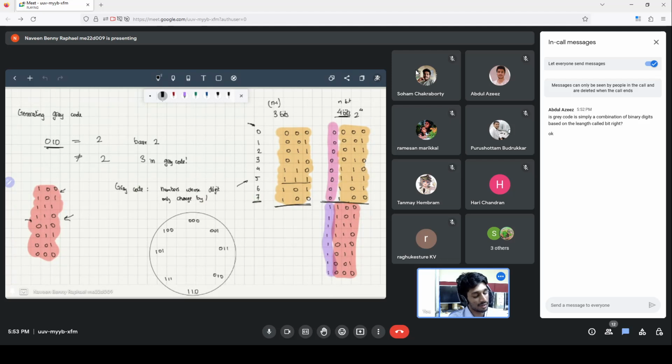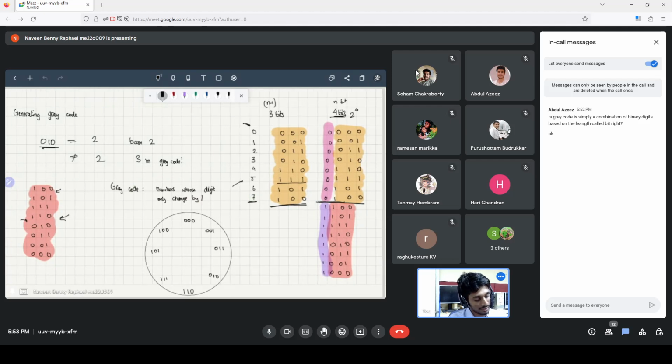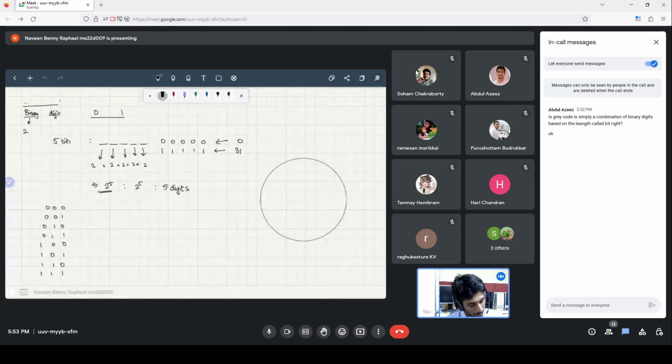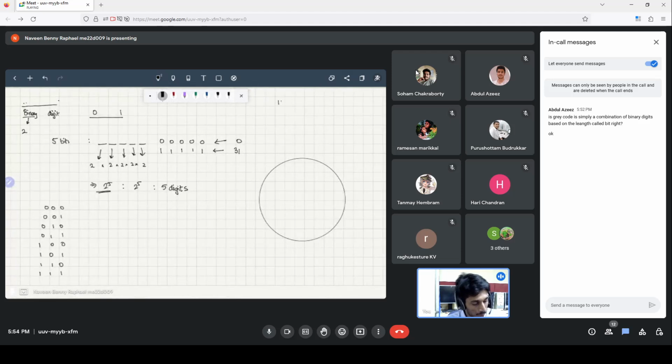So yes, you can say that 010 is the binary digit representation of 3, but it's specifically the gray code binary representation. I personally wouldn't say it's a binary representation of 3, because when you say binary, we generally look at it from a math point of view, and therefore the binary representation of 3 would be this.